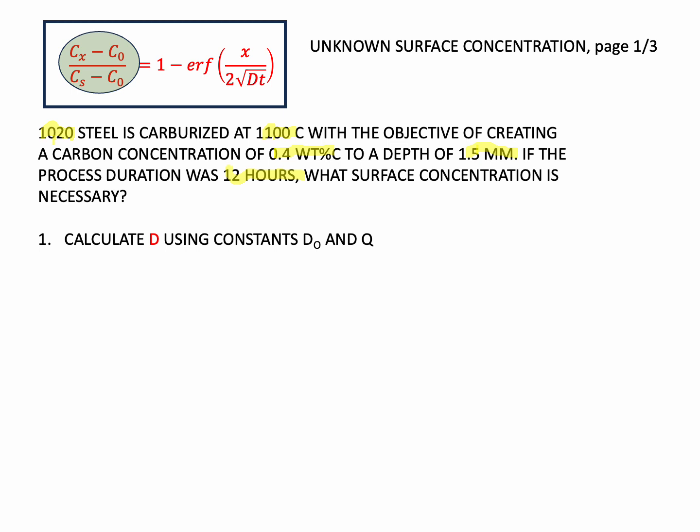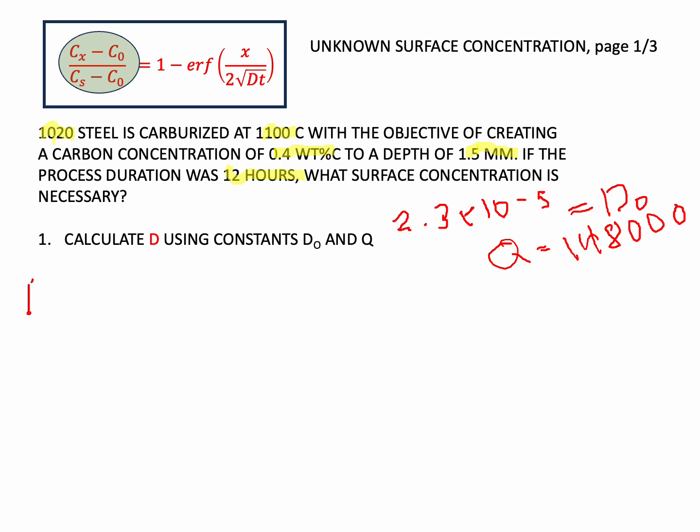The constants are 2.3 times 10 to negative 5, that's D0, and Q is 148,000 joules per mole.